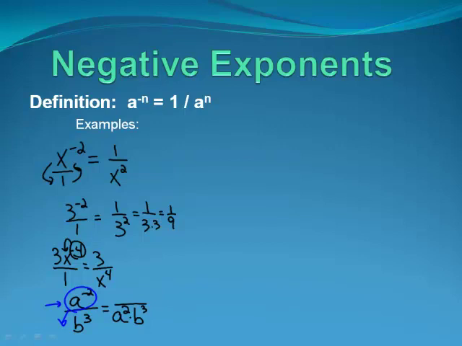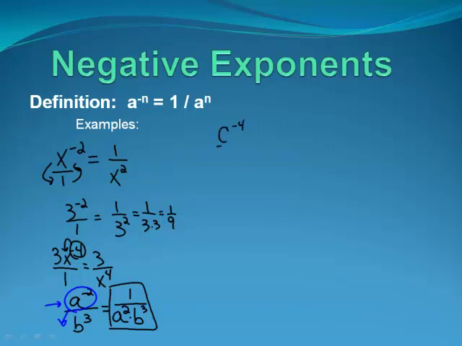And if nothing else is left in the numerator or denominator after you take care of your negative exponent, then there will always be an understood 1. So the simplified answer of a to the negative 2 divided by b cubed is 1 divided by a squared b cubed.